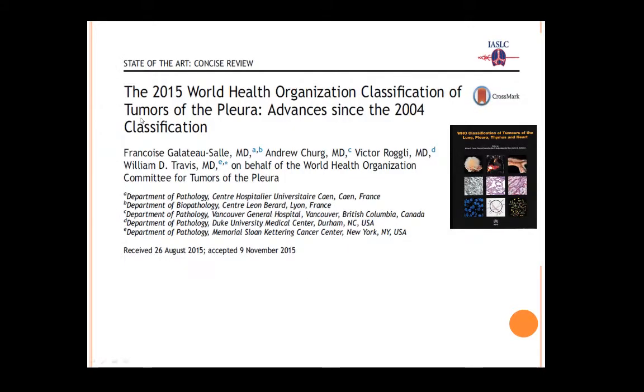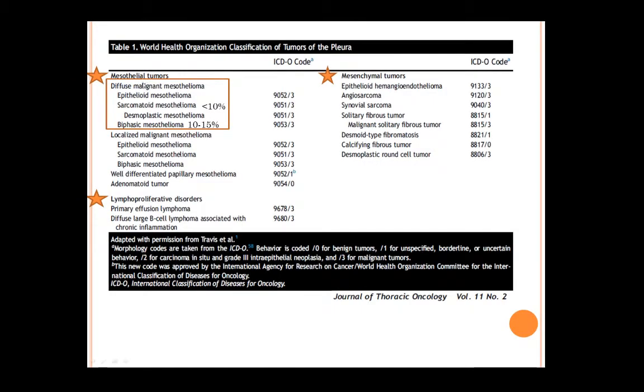Based on the WHO classification of 2015, tumors of the pleura are divided into three main groups, including mesothelial tumors, lymphoproliferative, and mesenchymal tumors. Today I am covering only this group, which are diffuse malignant mesotheliomas.